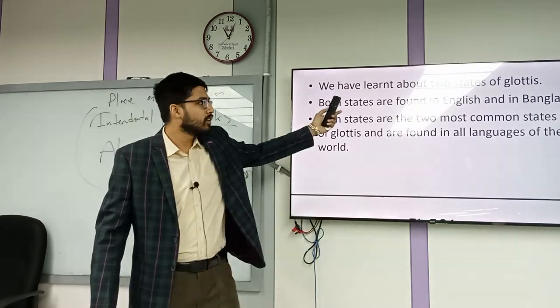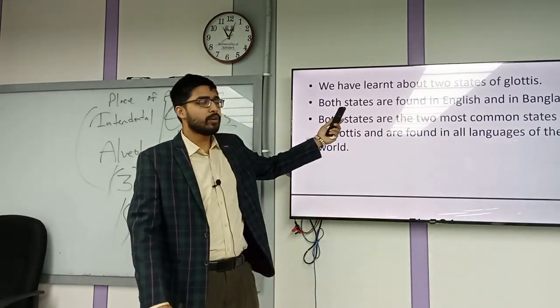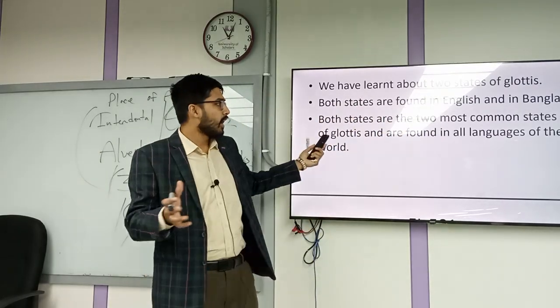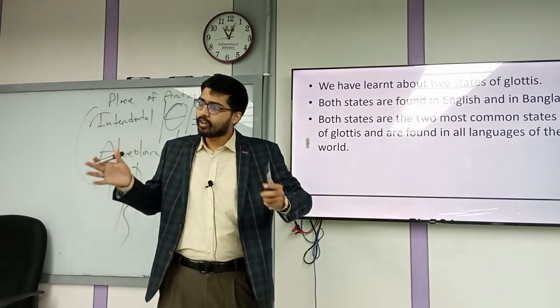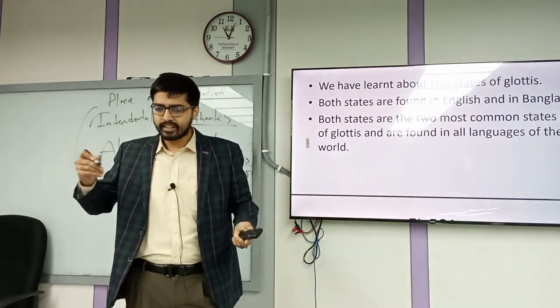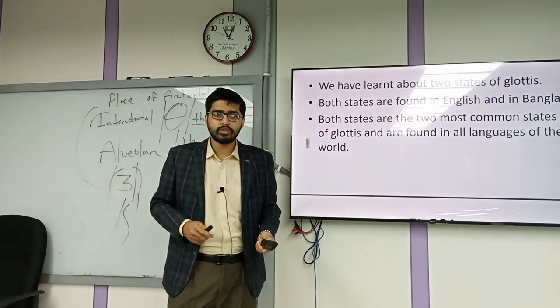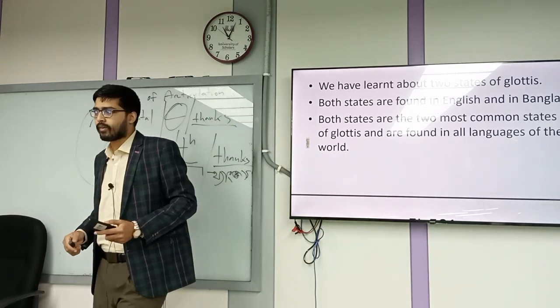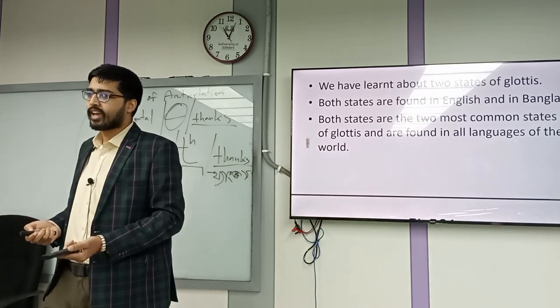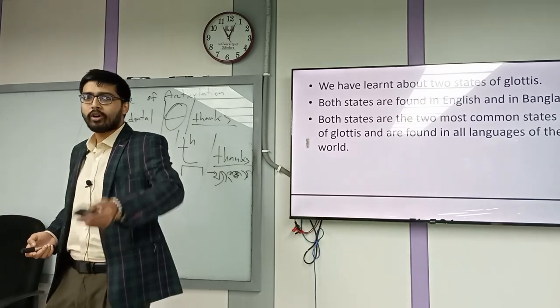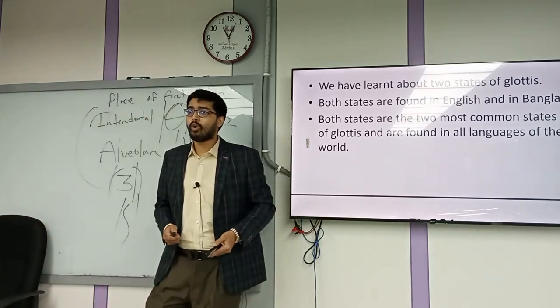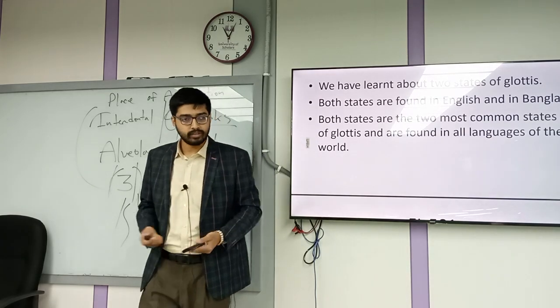You just need to write 2 states of glottis, both found in English and Bengali, and that the 2 states are very common across all languages. Take some key points. Haven't you had the course of note taking, summarizing, paraphrasing? Take the notes because the recording will always be there for you.